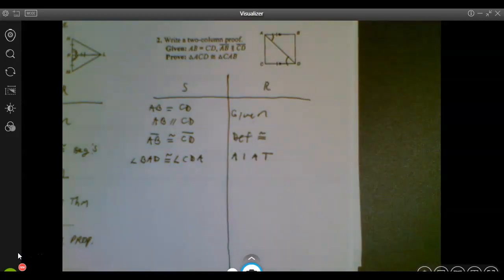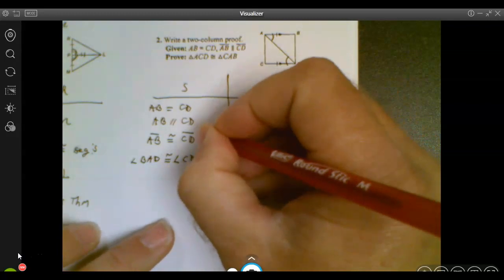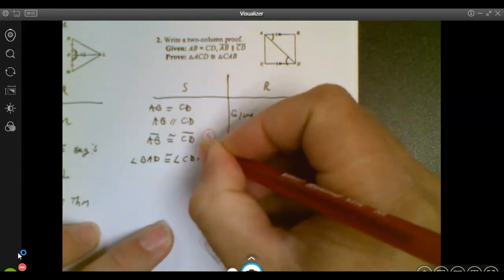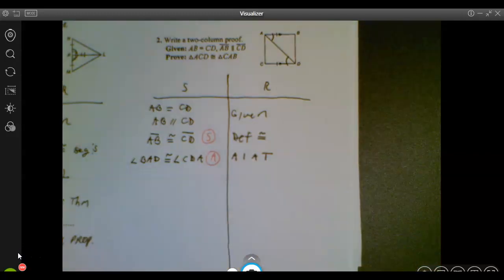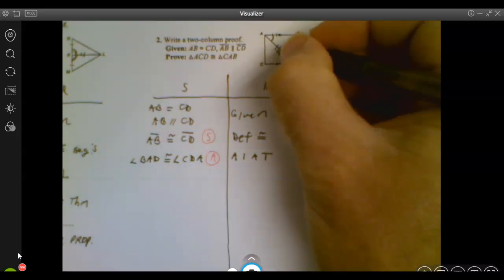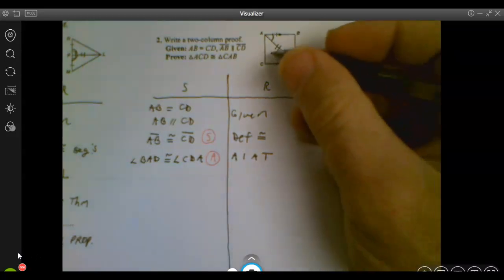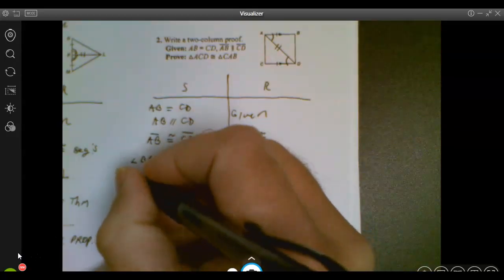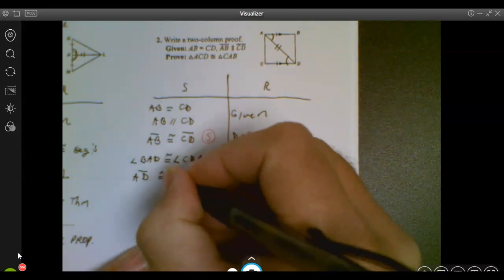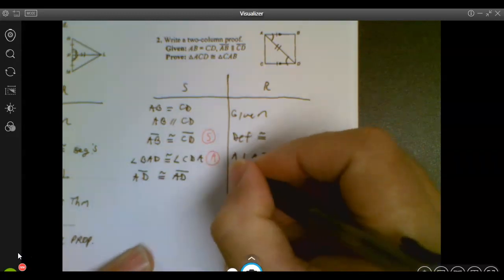So we have now come up with a side, an angle. So you can see that's not quite enough information. What else can we say? So here's that super popular reflexive line again coming up, that AD is congruent to itself because it belongs to both triangles. So AD is congruent to AD. That's our reflexive property.